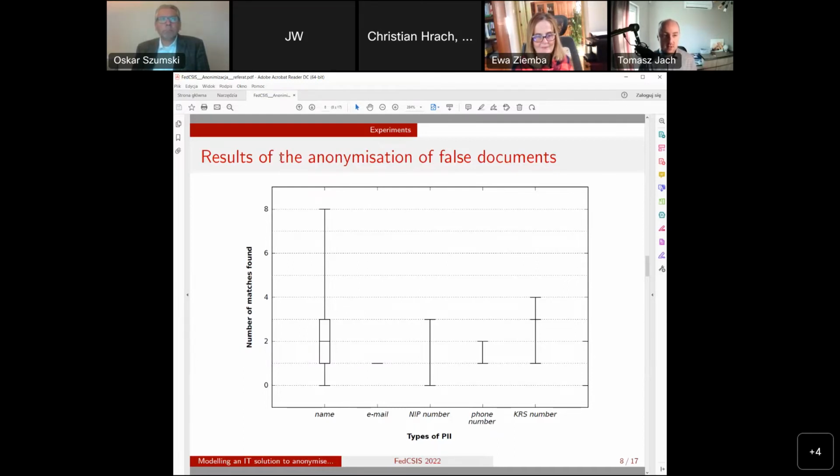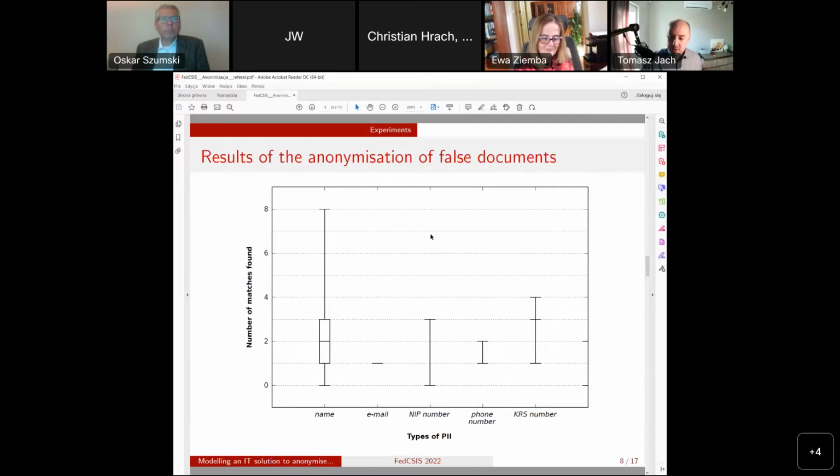This is because addresses in Poland, and not only in Poland, tend to have the names of famous people inside them, like a street named after a famous poet or a famous astronomer. That's why the number of matches found increased.